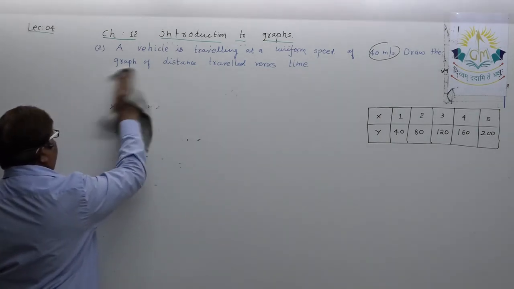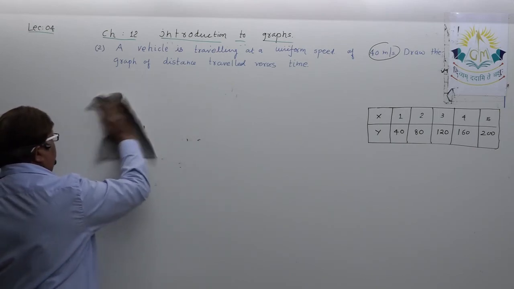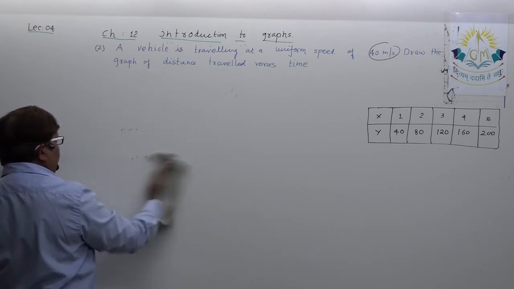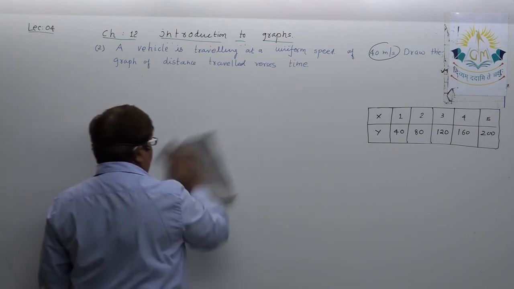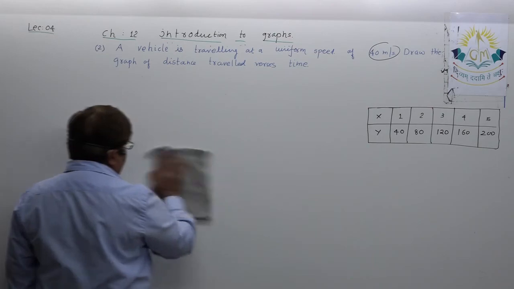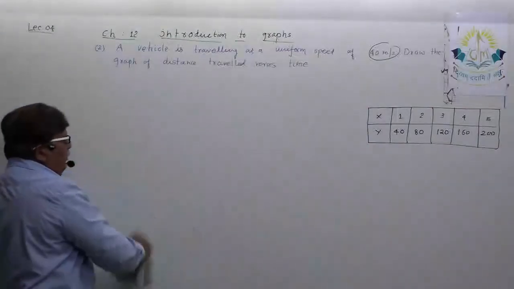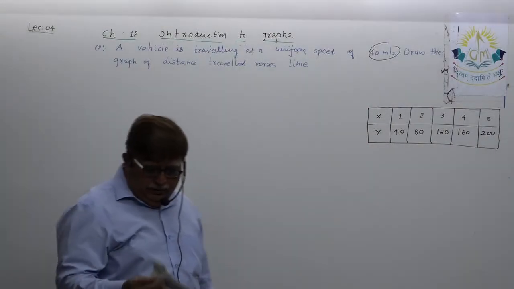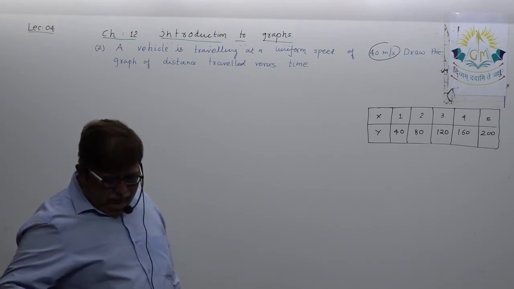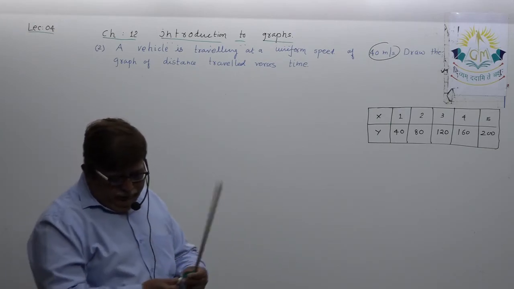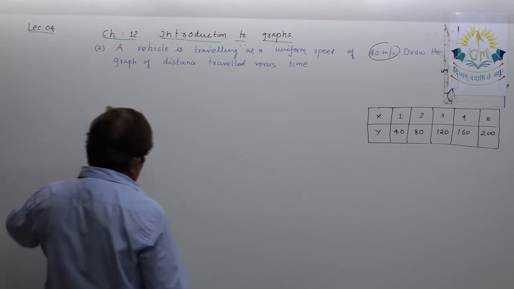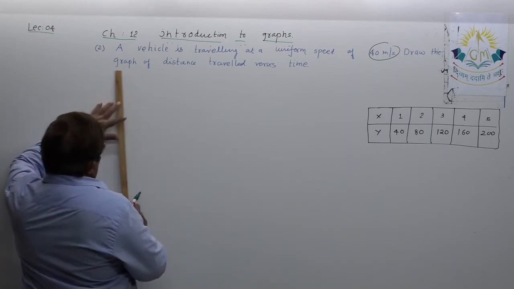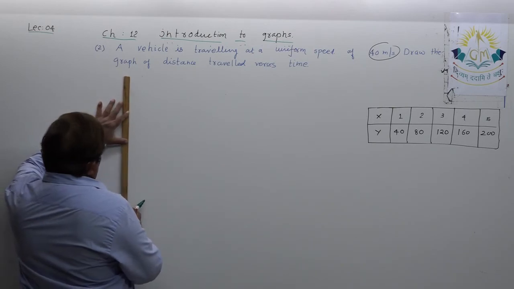We already have the value table ready, where x represents time in seconds and y represents distance in meters. Okay. Now, dear student, the question of drawing the graph, just in the first quadrant only.